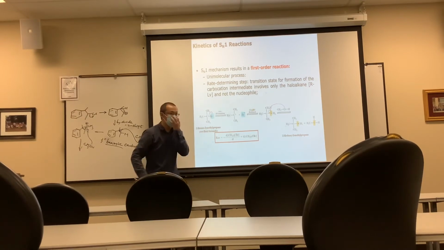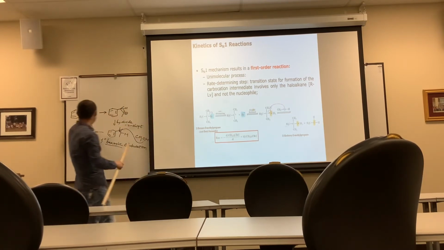Can you tell me what is involved in the rate determining step of SN1? The leaving group is part of what? The Rx. What is Rx? The substrate. Does it make sense, guys?